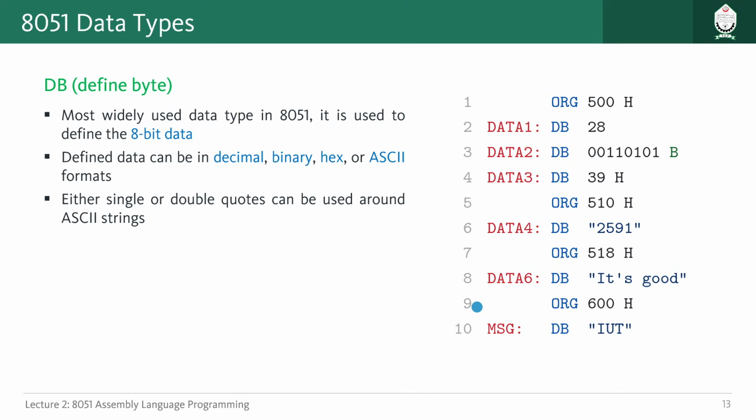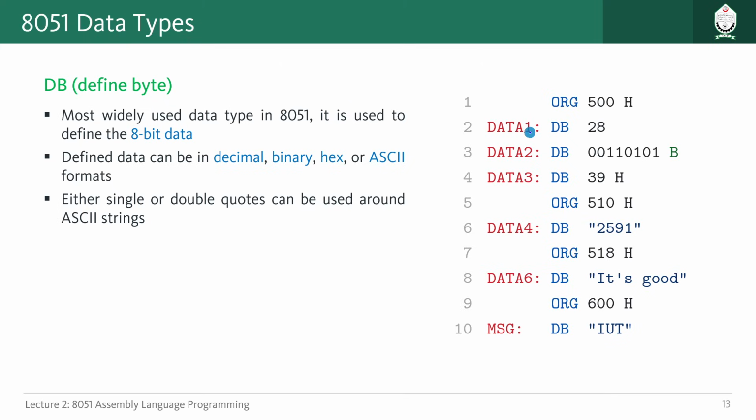What we are doing using DB is trying to write some value onto a memory location of 8051, basically ROM, right? So here, if we try to understand from line 1, ORG 500H means start from 500H and try to save the contents of the next lines starting from 500H.